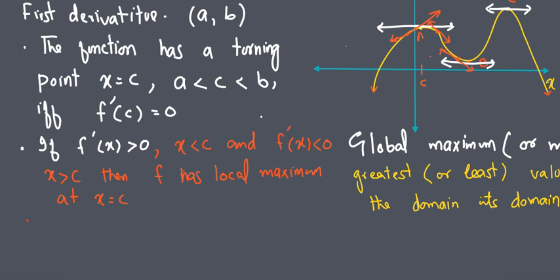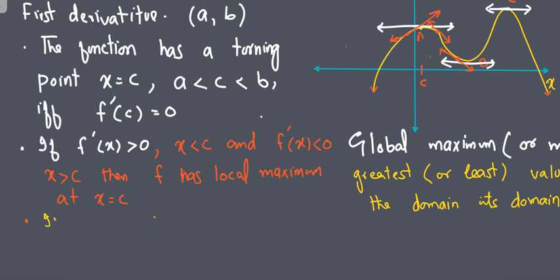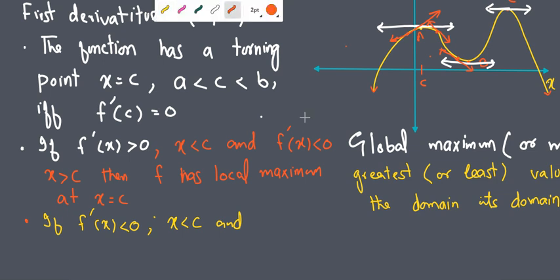That means I can write the second condition: f prime of x is less than 0 for x on the left side of C, and if I take the point on the right side and make the tangent line, you can see it is increasing, right?